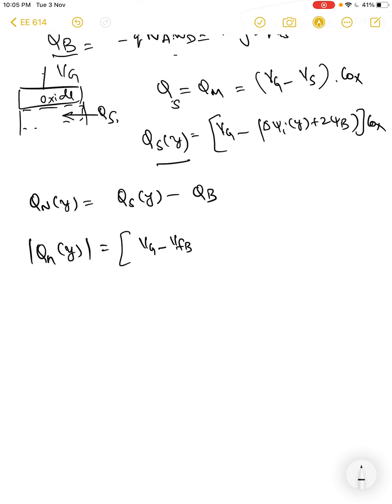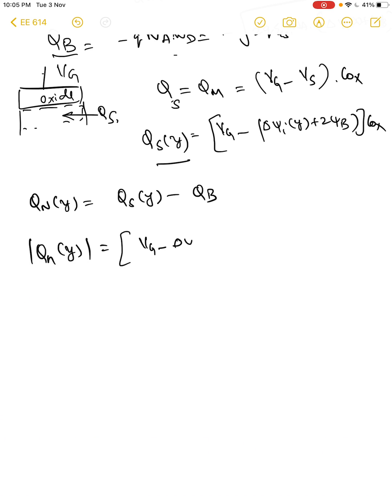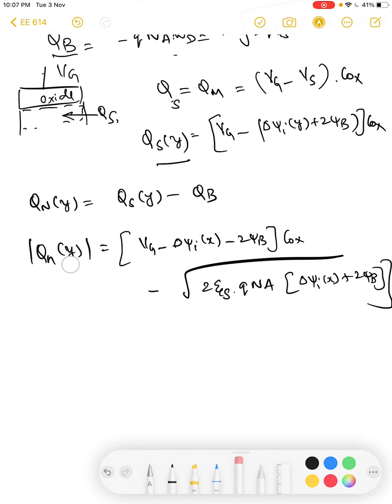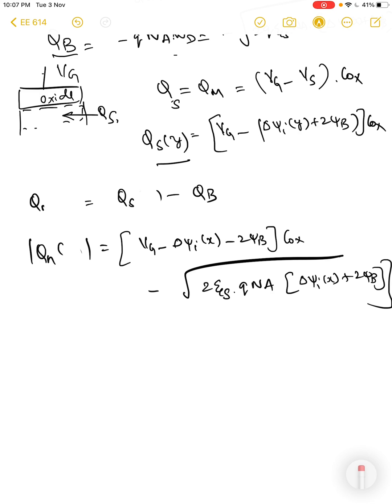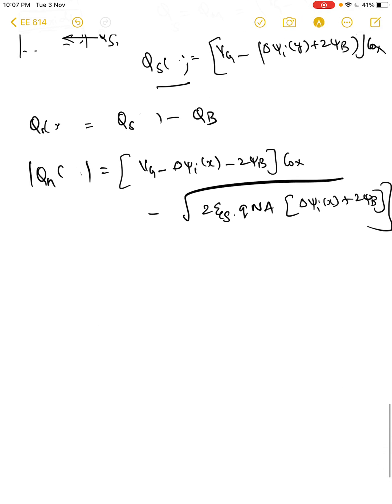So now we also account for the fact, let's do this later on, it's Vg minus delta psi I of x minus 2 psi b times Cox minus root of 2 epsilon s q Na times delta psi I of x plus 2 psi b. I have made a few mistakes here. All of these should be x, because x is something that I have taken along the channel direction and y is along the width, right? So all of these things are x.